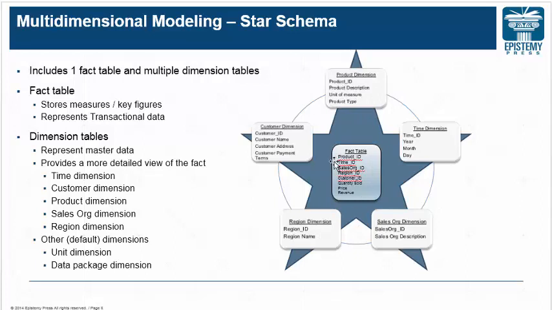So we have a fact table, and that fact table is a key figure that is important for the organization to track and to monitor and to follow up on. That fact table is connected to a number of dimensions that are used to present information about the fact table. So, as we said, revenue can be viewed in terms of customers, or in terms of time, or in terms of a specific region, and so on.